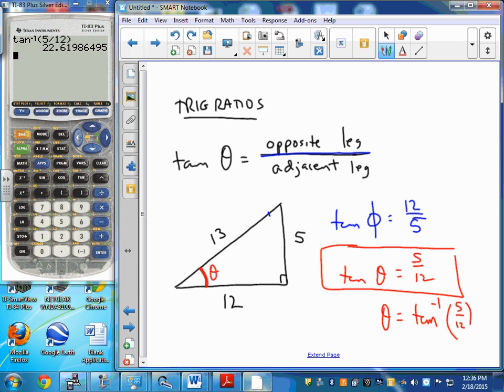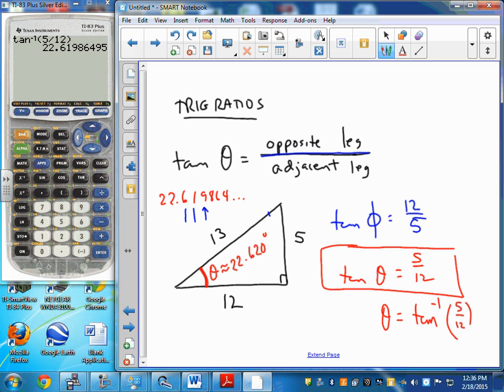And, you know, how close do you want? I sort of like to go to the nearest thousandth, so 3 decimal places, 22.620 degrees. Round it to the nearest thousandth. And you should be, you know, fairly comfortable with that. The calculator said 22.619864. Okay, so thousandth place, this is tenth, hundredths, thousandths.